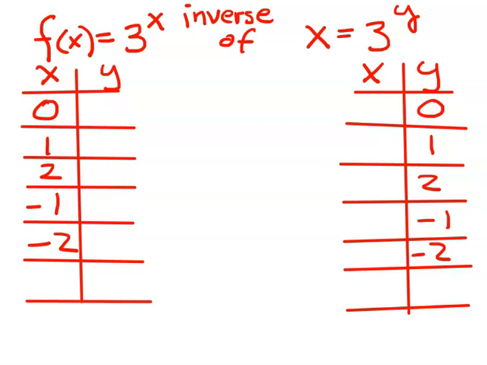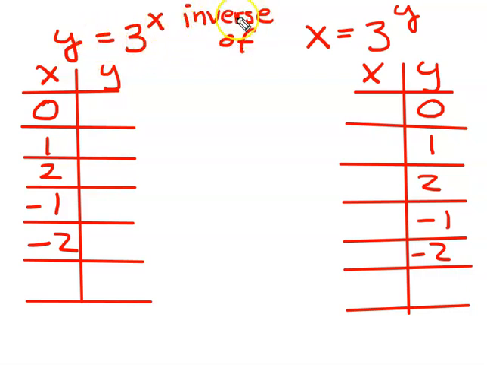Now the first thing I'm going to do is convert this f of x, the function symbol, that we said we could put a y there. Y can always replace a function symbol. Now here, you'll notice we have y equals 3 to the x power.